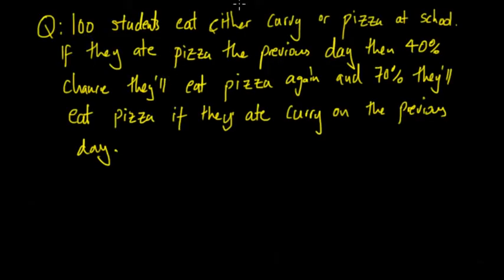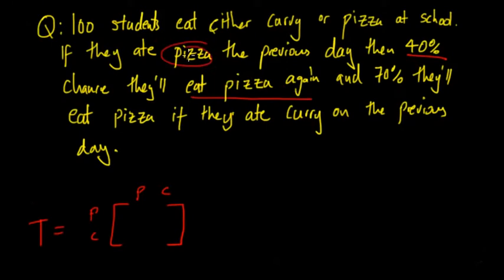So firstly, we'll go to this example just so we can get a transition matrix. We've done these in a lot of previous lectures. 100 students eat either curry or pizza at school. So we get the transition matrix here where we're talking about P and C. Looking at P to P, we have a 40% chance they'll eat pizza again if they ate pizza, so 0.4, which means the other has to be 0.6.